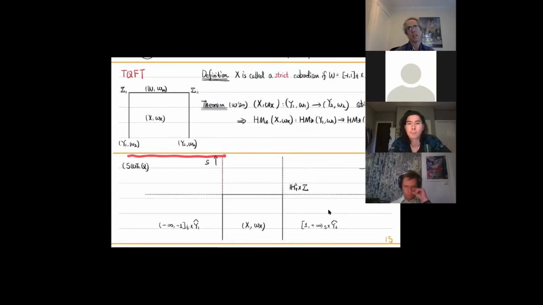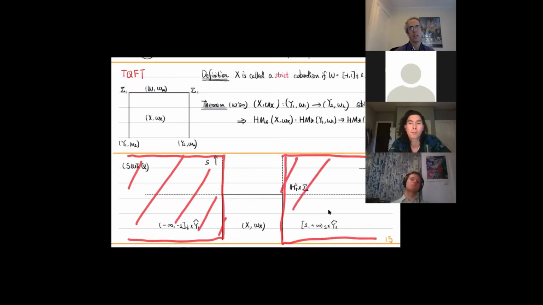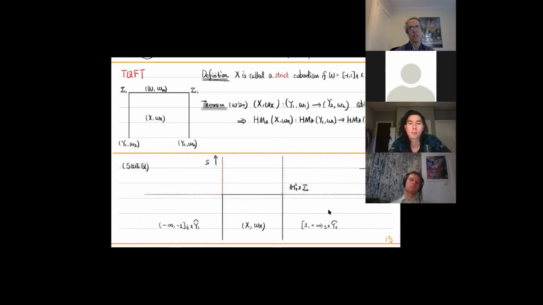Then we attach 2 cylindrical ends in the time direction. And in the end, we have a complete Riemannian 4-manifold. Then by counting 0-dimensional solutions of the Seiberg-Witten equations, we can construct this cobordism map.